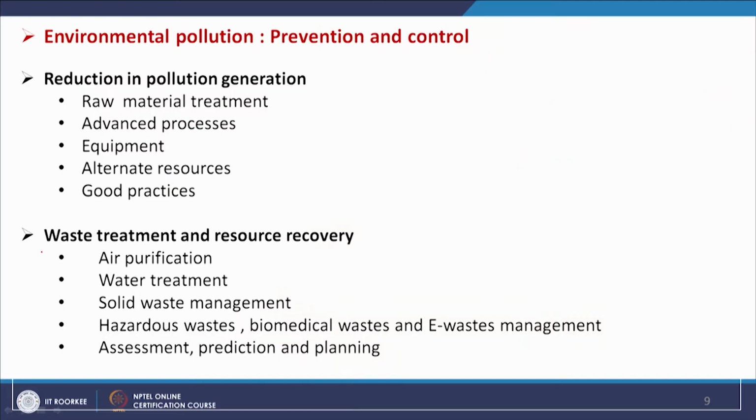So, the environment will be safe. So, raw material treatment is a step which can help us to reduce the pollution generation, and in advanced processes we can use some developed processes, so that it will be able to generate less pollution to perform the same job.